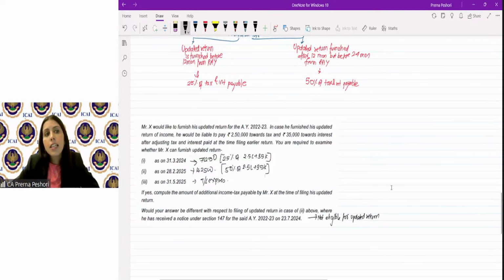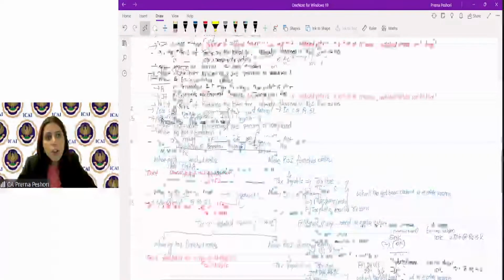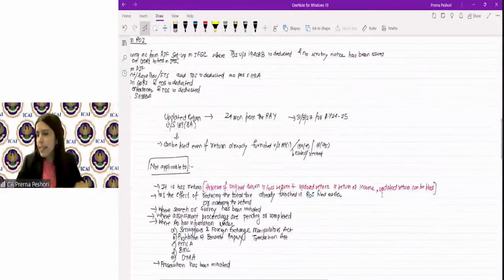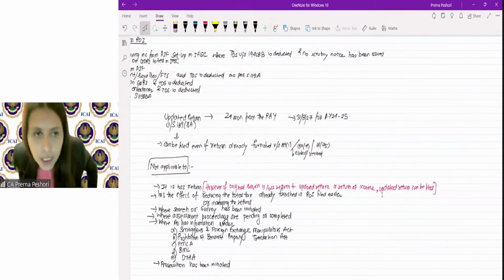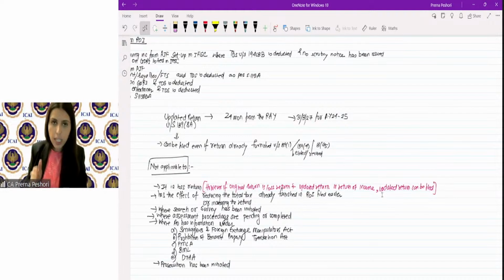Okay, students. Now I'll quickly recap what we did about the updated return. As I said, updated return can be filed for 24 months from the relevant AY. It can be filed even if you have filed the original, revised or belated return, or even if you have not filed. This is not applicable to a loss return. If you have a loss return, you cannot file an updated return unless you wish to convert your loss to income.